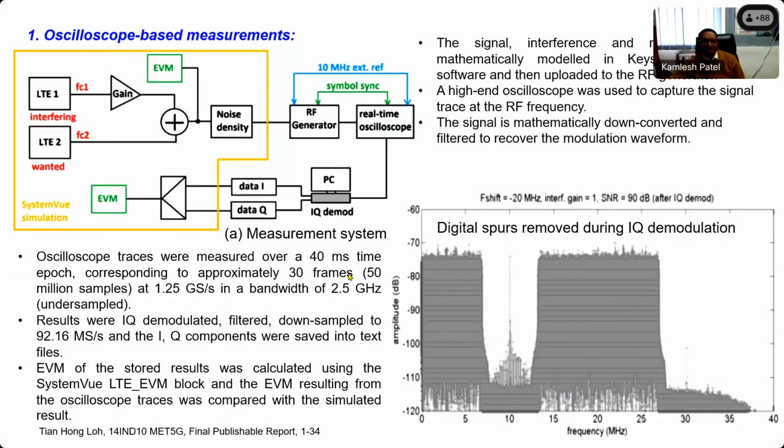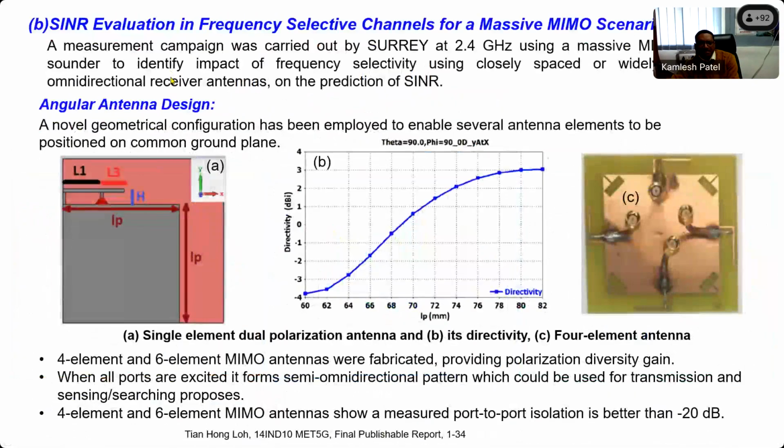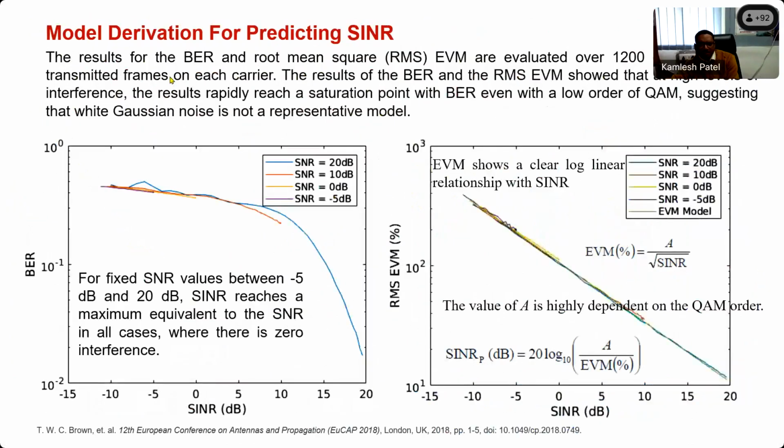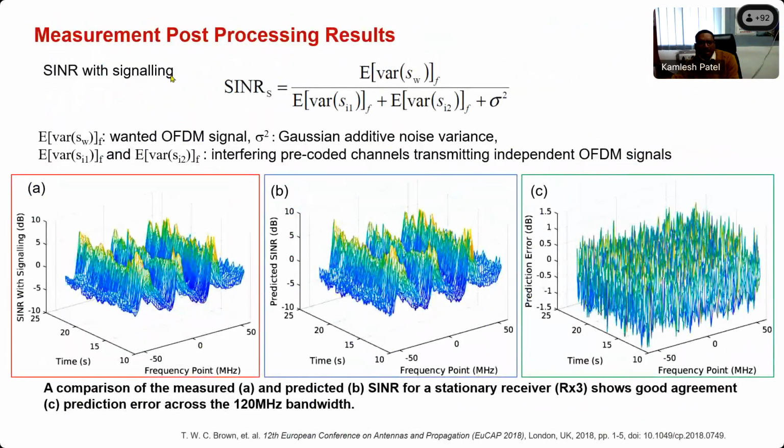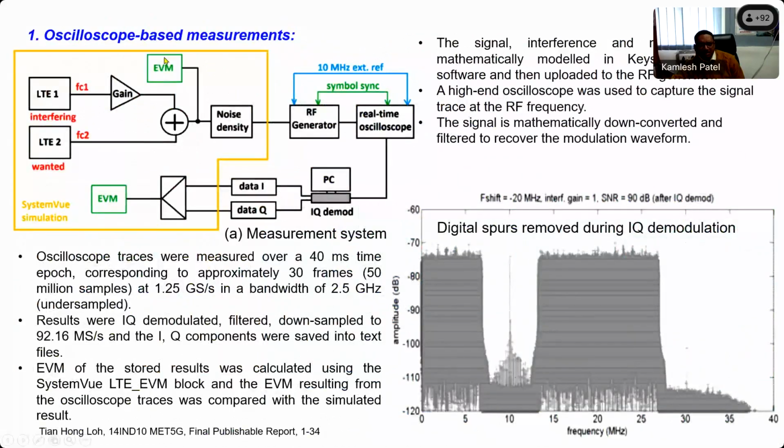They made one oscilloscope based measurement in which this yellow covered part is performed in software, and this is the measurement they added. In the software, they also evaluated the value of EVM, as we have discussed the performance of EVM measurement here. This is the EVM power measurement they performed, and this is the EVM data coming from the simulation.